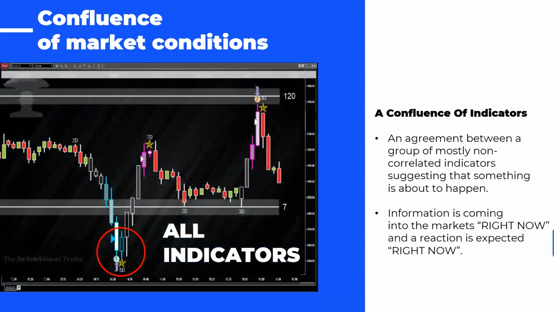So when you add all of these together, we have a confluence of events that are happening right now, not later. We're not making decisions on things that are happening now and hoping that 10, 20, 30 minutes, an hour from now, those conditions are going to still exist.